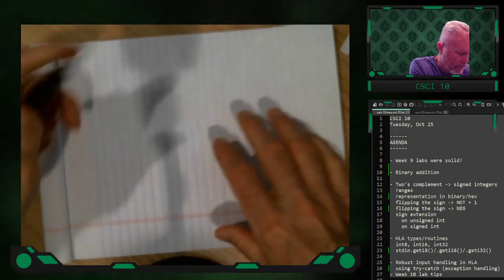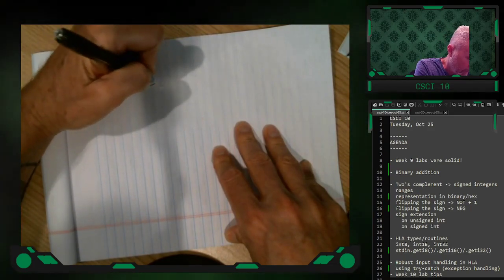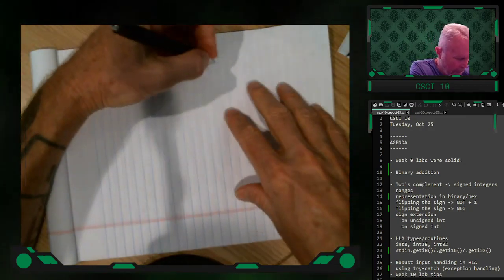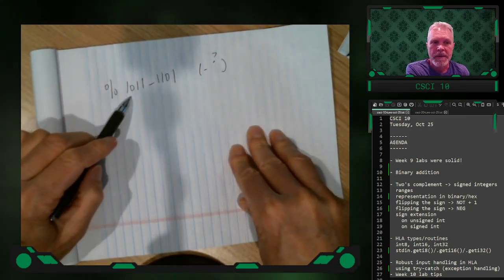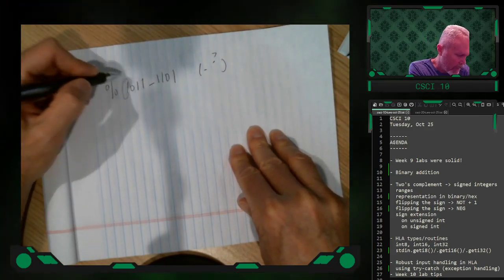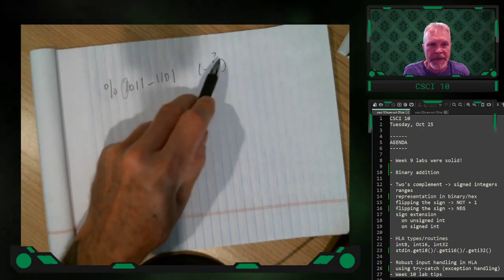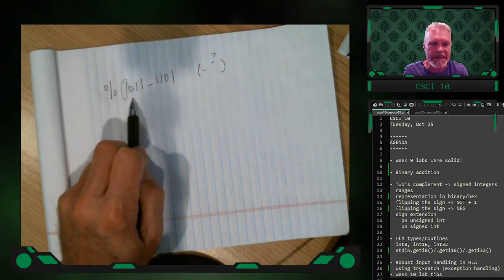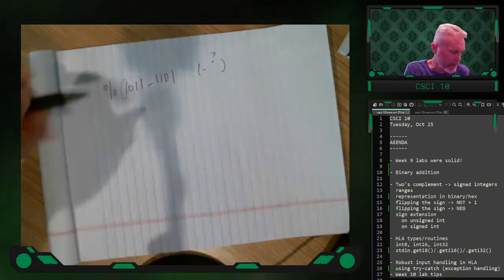If I'm told that we're doing two's complement and I see this, then I immediately think to myself, well, it's negative something. That I know for sure. The rest of this, I don't know for sure. I know it's negative something, so I have to go through the process. I have to do the complements thing to get to an understanding of what this represents.